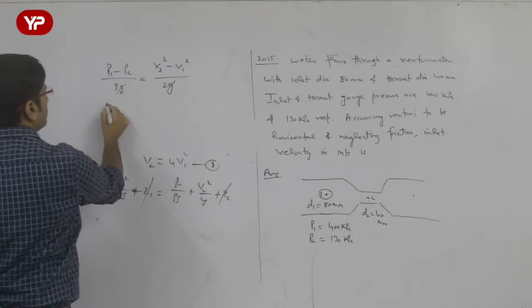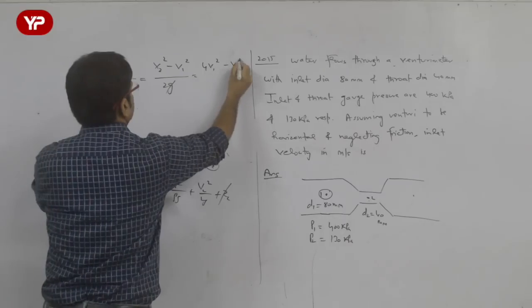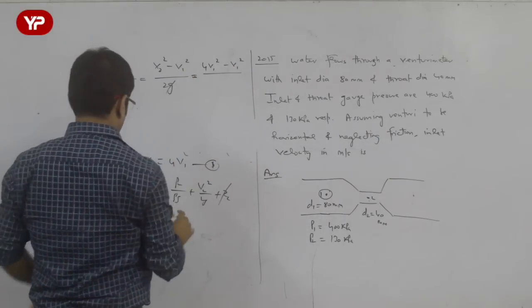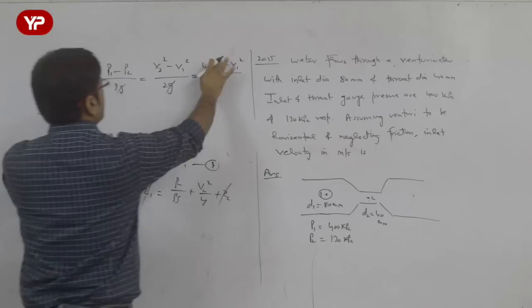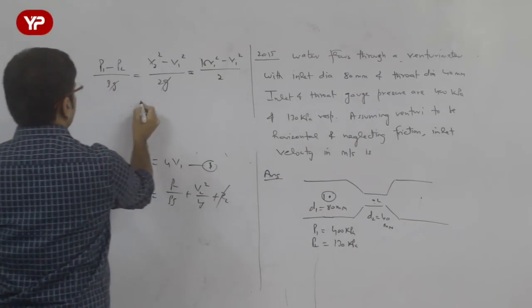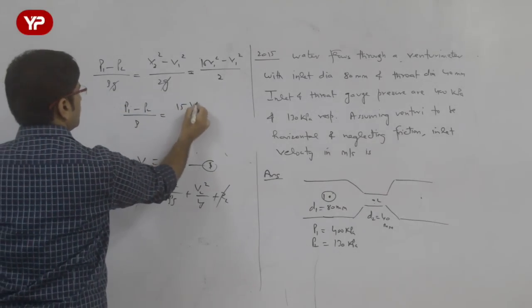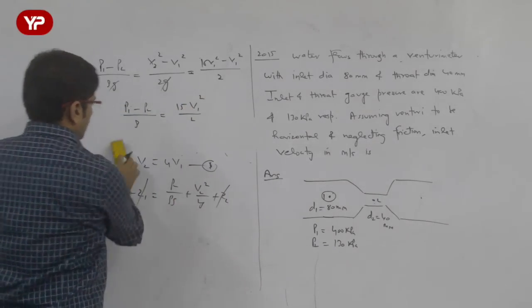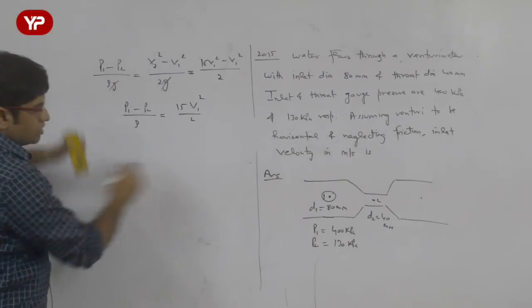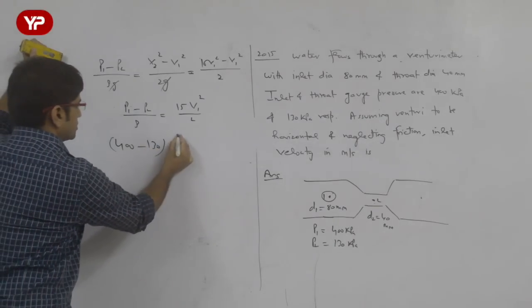g gets cancelled out, and V2 can be written as 4V1, so 16V1 square minus V1 square over 2. Eventually P1 minus P2 by rho comes out to be 15V1 square by 2. Now let me put the values here. This is 400 minus 130 kilopascal, means 10 raised to power 3.